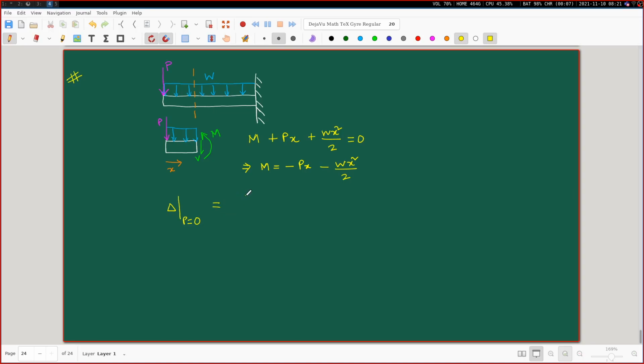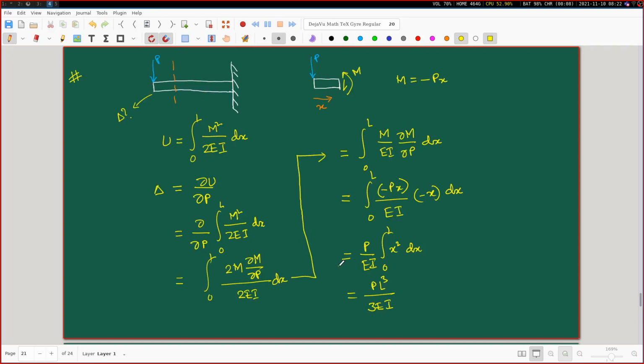So with this understanding, I proceed. Just like before, I'm going to write the expression for the delta in this form: integral of M by EI del M del P. Let me just switch back to one of the earlier slides where I discussed this for the first time. This is delta equal to del U del P, and then I took the differentiation within this integration.